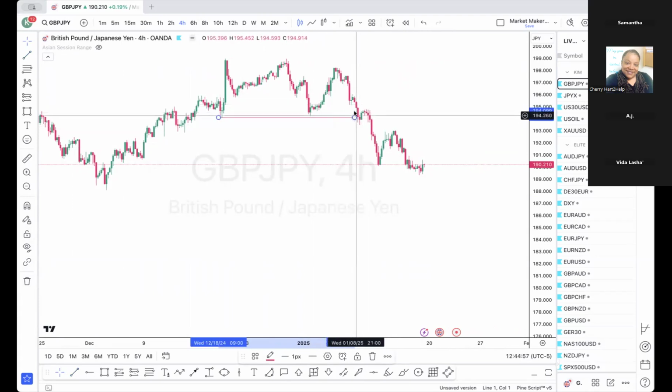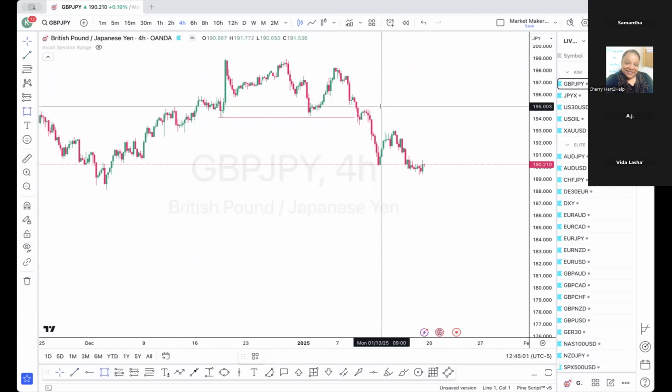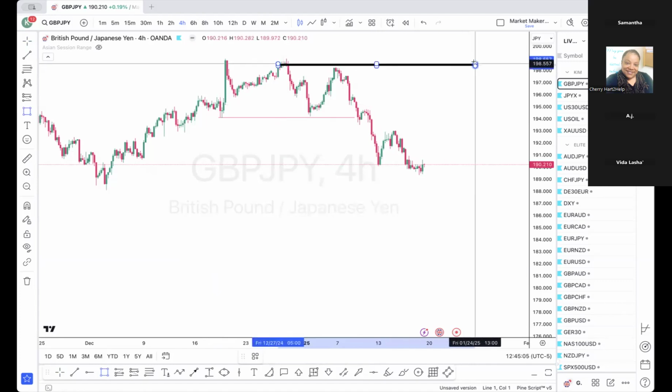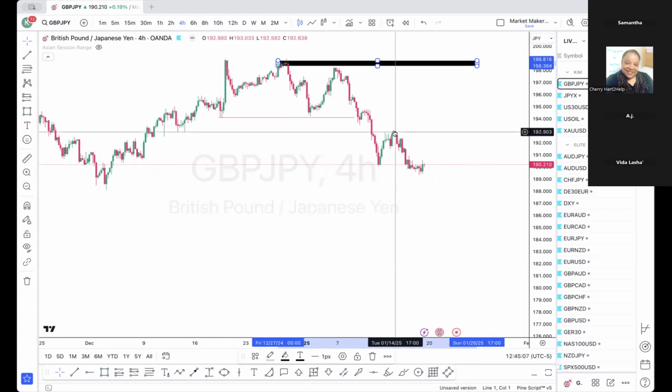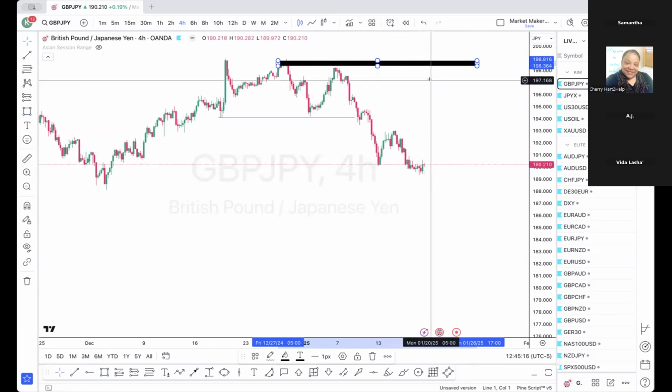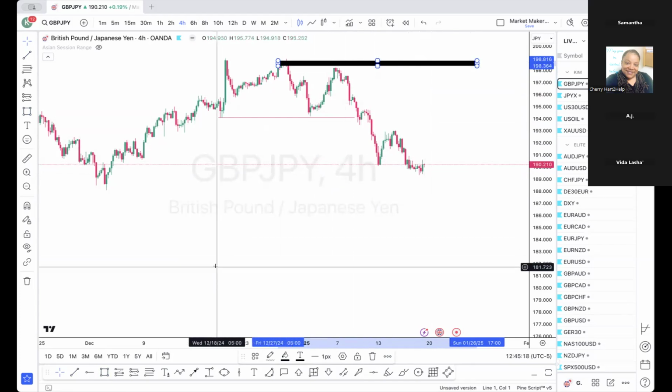Now that price has broken my low, I'm going to go and mark up my last up candle before the down move. And yes, price is still selling, but when it pulls back, it is going to come one or two places.